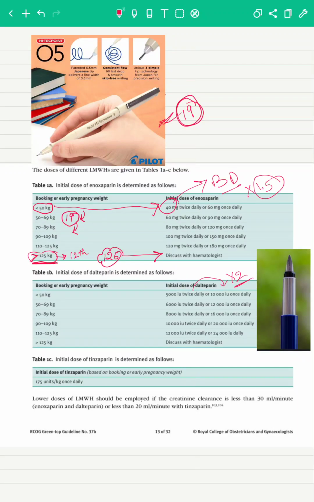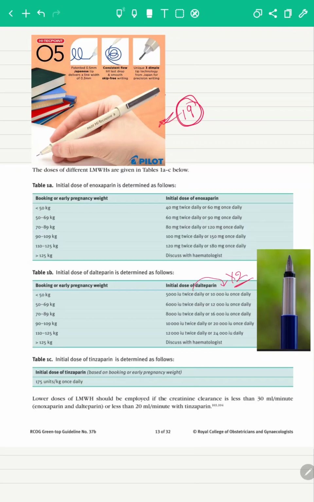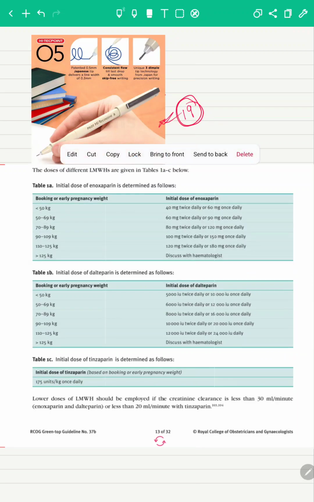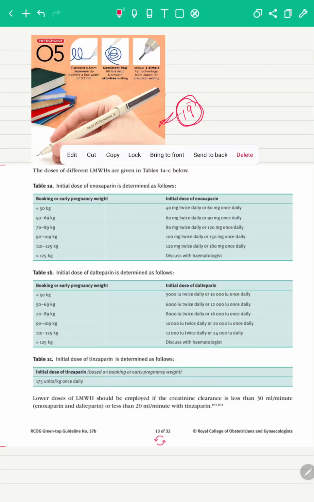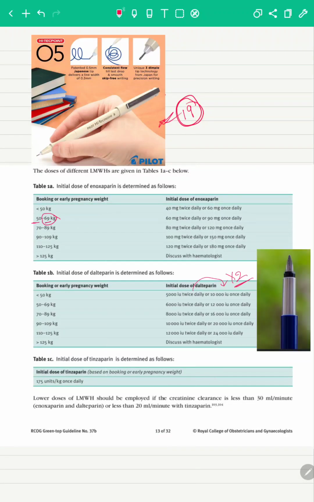Okay, so now we will talk about how we'll calculate the doses. Now see, the range has a lower number and an upper number. This upper number, if you take the first digit and you add 0 to it, you get the BD dose.